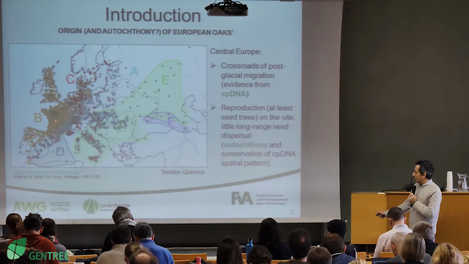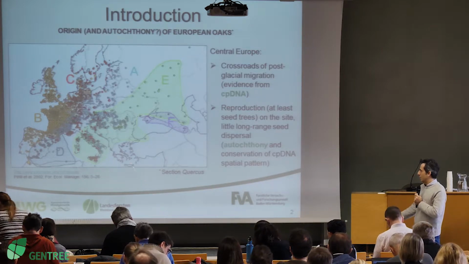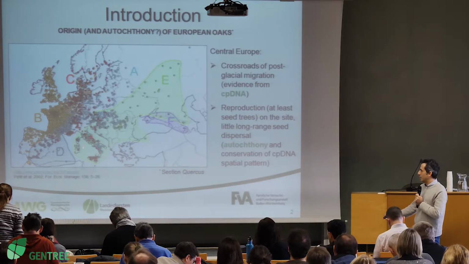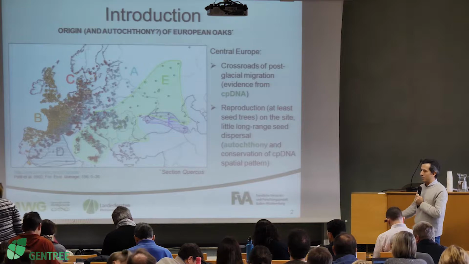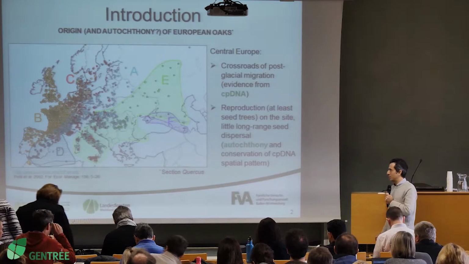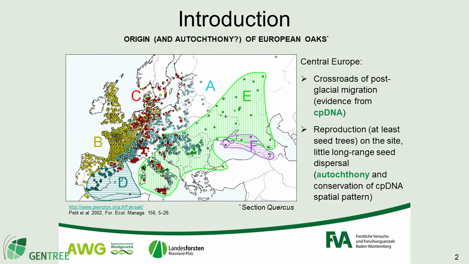We have this light blue lineage coming from the Balkans towards the west, and with red color, this Apennine lineage, as it is named. And what we can see is that they reflect post-glacial recolonization.